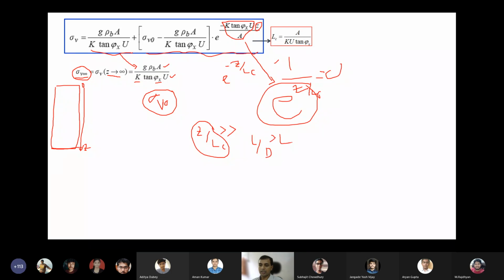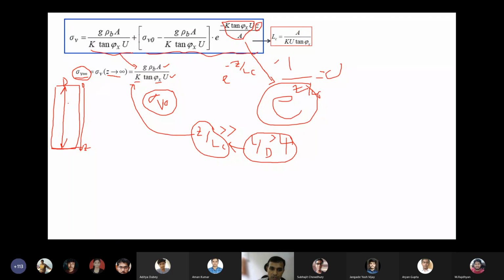If L by D is greater than 4, then this value will become very high, and then we will get this expression. So one important conclusion people have drawn is that this is D, and this is L.